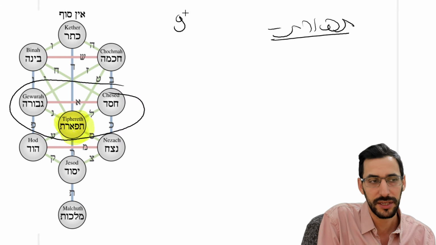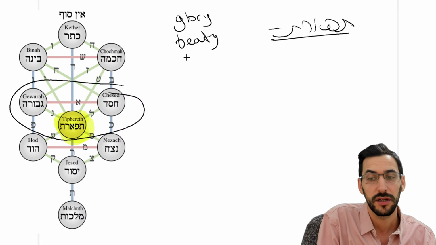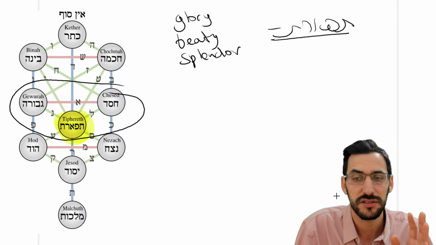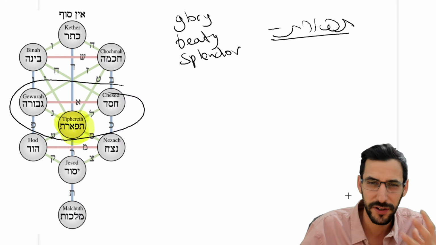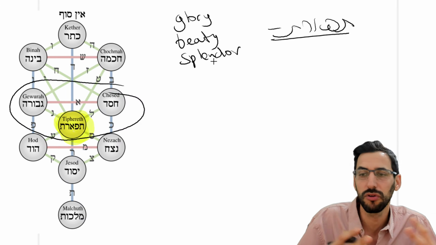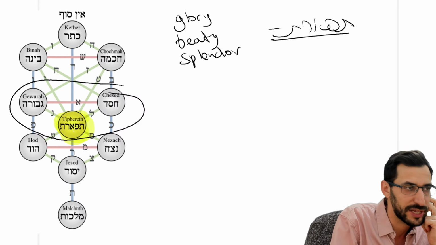It literally means glory, or beauty, splendor, magnificence, highness. Tiferet means all these things. And why is it so glorious and beautiful and splendorous? That's what we'll explain in a second.